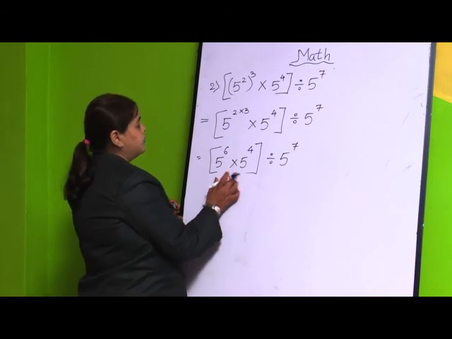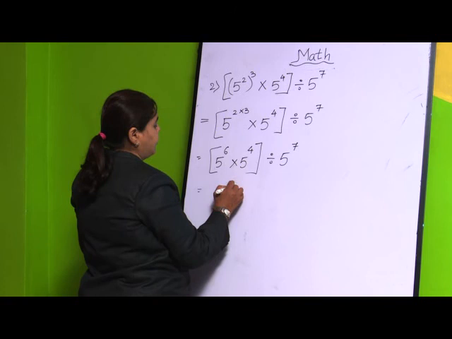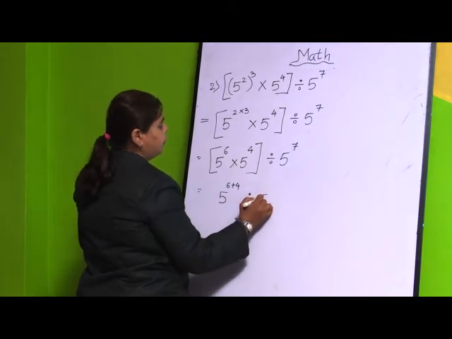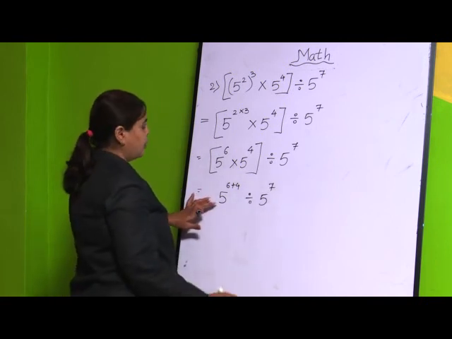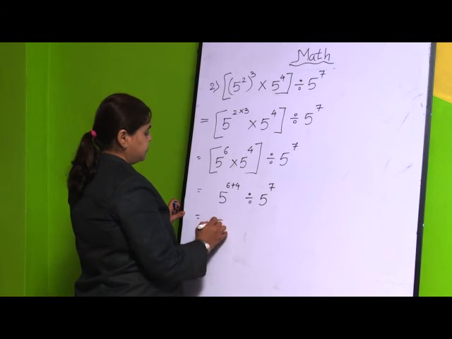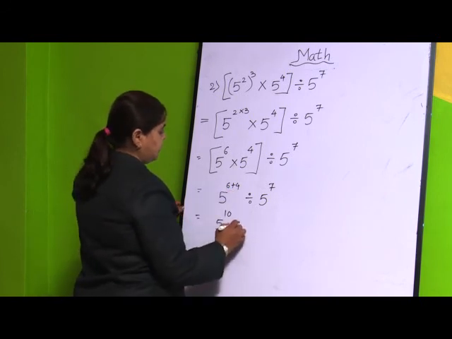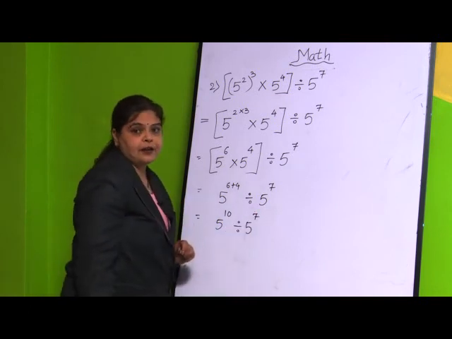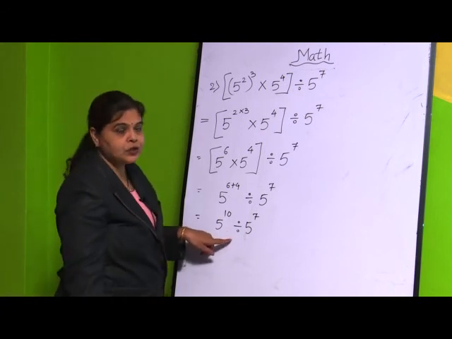Here we have the same base, so you can write a common base and add the powers, divided by 5 raised to the power of 7. Now, what will be the answer of this? It is 5 raised to the 6 plus 4, which is 10, divided by 5 raised to the power of 7. Now, how to write when it is in division form?